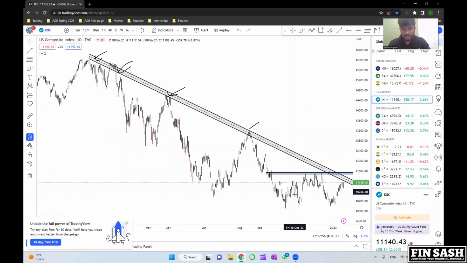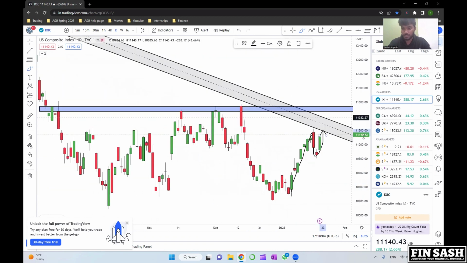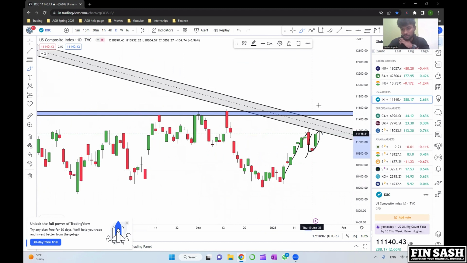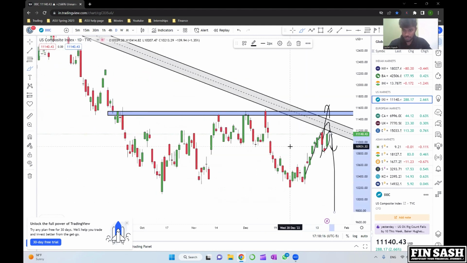But if you see the recent price action for the US market, there was a bullish run, there was a pullback, and another bullish run. So there could be a reversal in the market, or it could just take another support from the trend line and make another lower low, right? So that's what we get from the US market.